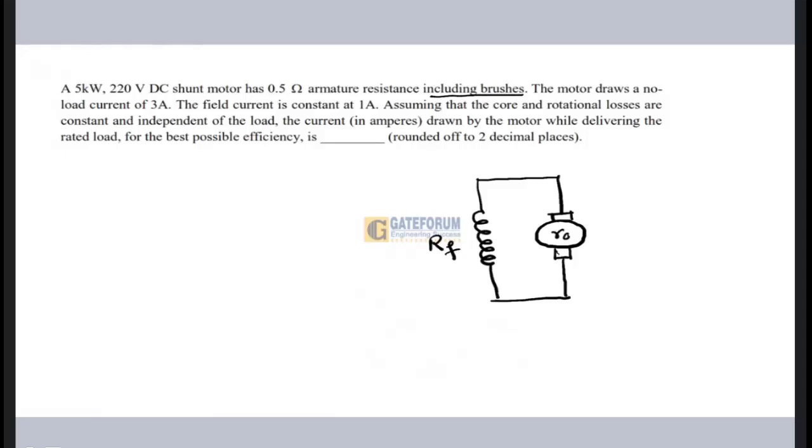This is a shunt motor, so current will go into it. So this is my IA, this will be my IF, and the line will be providing the current IL, and this is 5 kilowatt, the terminal output they have given, and 220 volt.